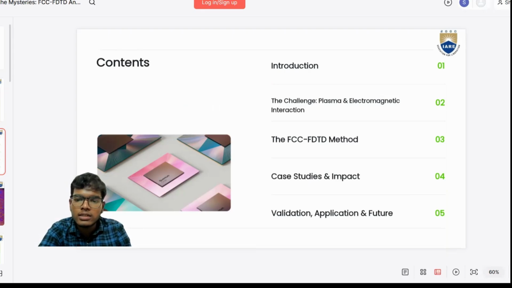In recent years, researchers have explored using plasma coating on metal surfaces to modify or reduce the scattering of electromagnetic waves. So the main motivation behind the study is to understand how plasma coating influences electromagnetic scattering.